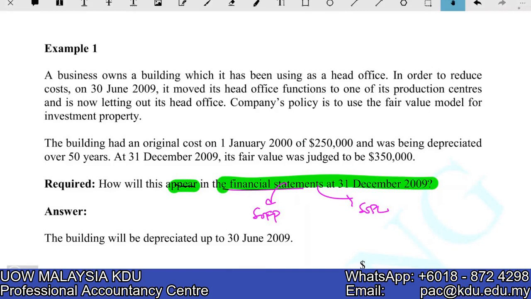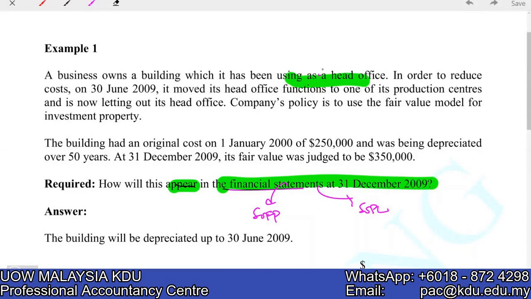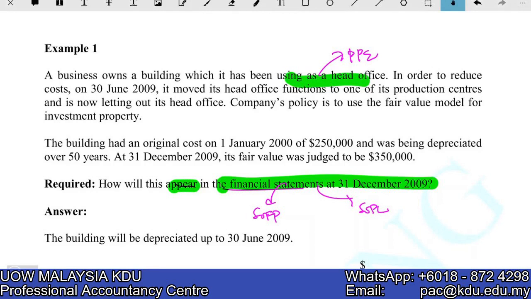Okay. A business owns a building which it has been using as a head office. So, what is it classified as? PPE, you've been using it as a head office. So, it is your property, plant and equipment. In order to reduce costs, on 30th June 09, it moved its head office functions to one of its production centers and is now letting out its head office.